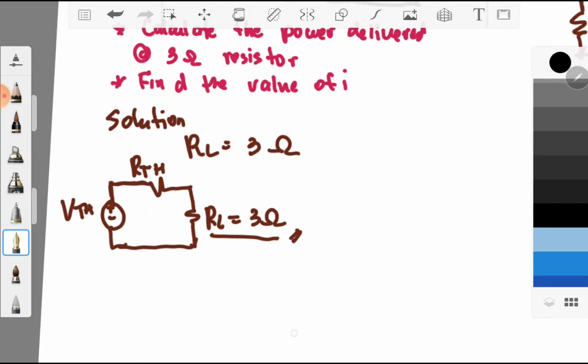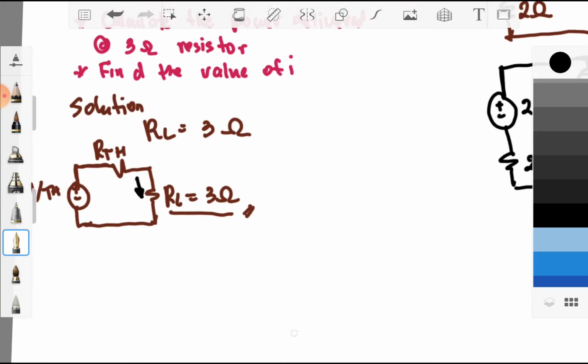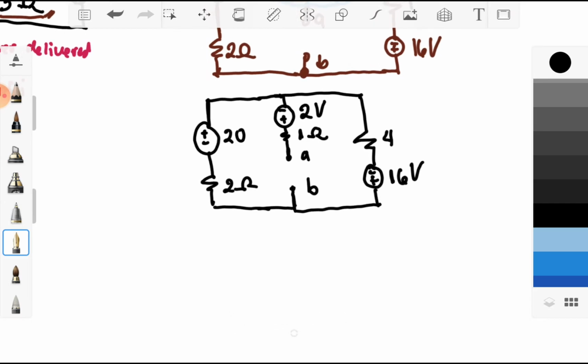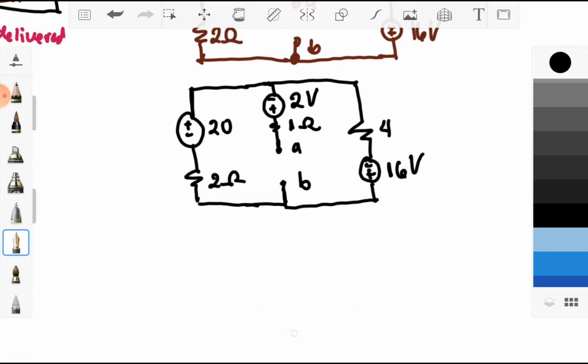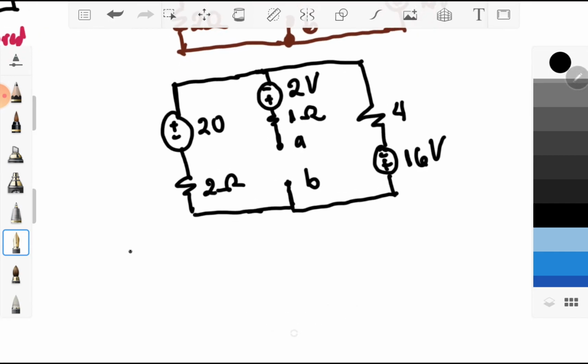So take note that if there is already a current in your RL, carry that upon going into your VTH and RTH circuit diagram. So since we already have this new circuit diagram, I may now solve for my RTH.